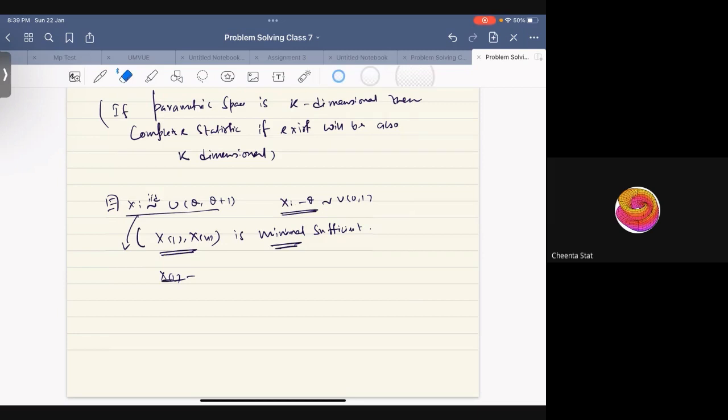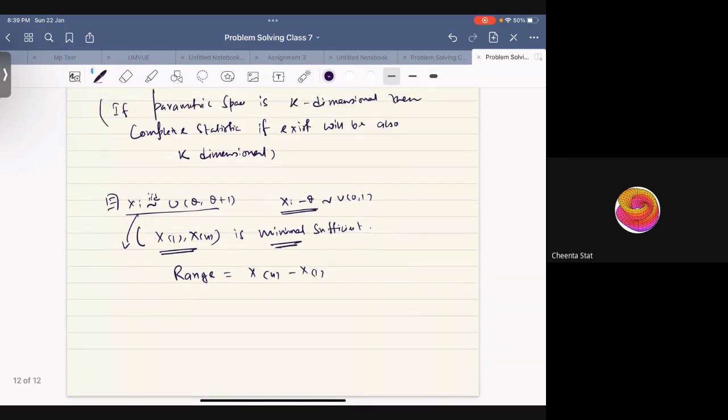You know about the range. What is the formula of range? X order n minus x order 1, right? And then x order n plus x order 1. These two things. So now can you say (x order n minus x order 1, x order n plus x order 1) is minimal sufficient? Anyone? Is it minimal sufficient?